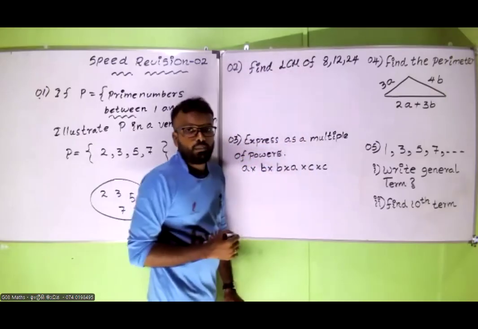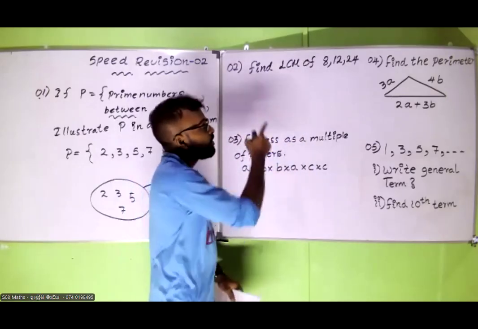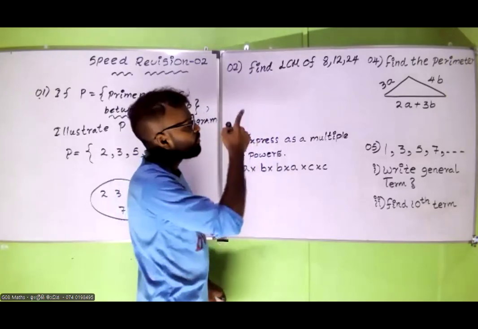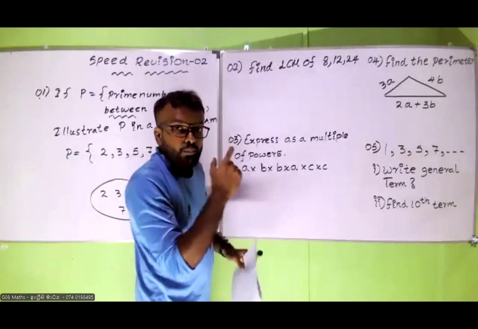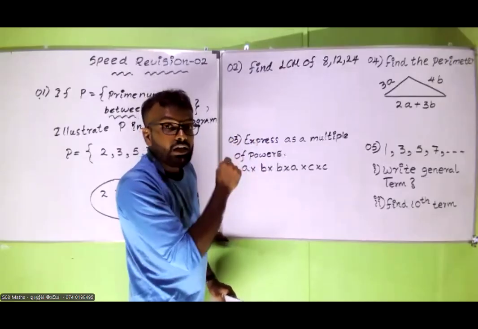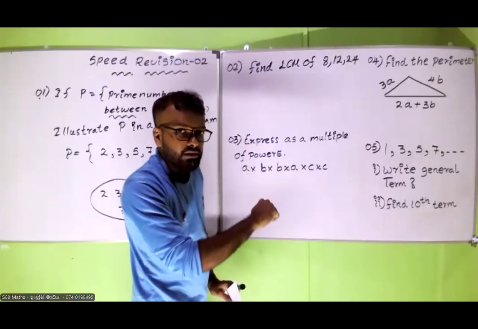Find LCM. LCM means least common multiple. Right? 8, 12, 24. When you are finding the least common multiple of those three numbers, you have to use prime numbers to divide each and every number until you get 1, 1, 1 at the end, right?